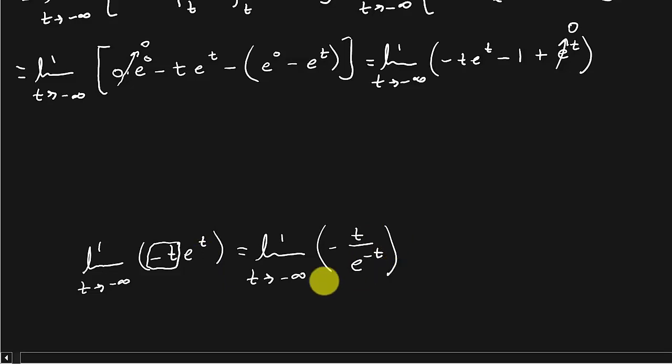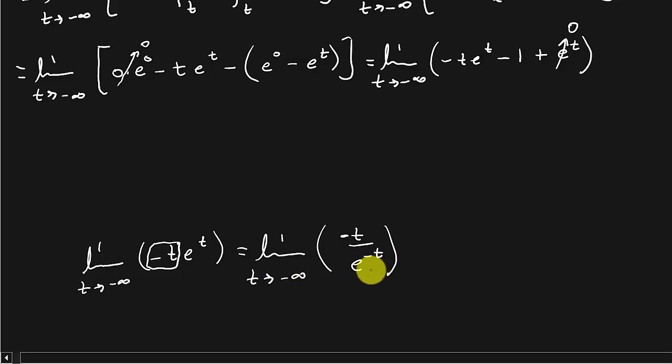All right, so now look at this. We can take this negative and put it up here. So if t is going to -infinity, the numerator's going to infinity. And look, the negative and negative, that's going to be a positive. So the denominator's going to infinity. So we have infinity over infinity.